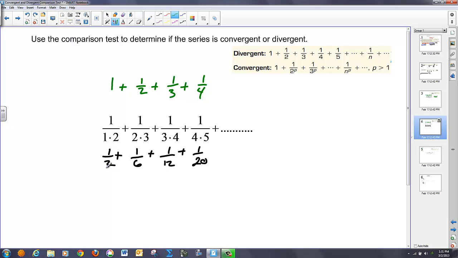Well, I know that a half is less than 1. A sixth is less than a half. A 12th is less than a third. A 20th is less than a fourth.